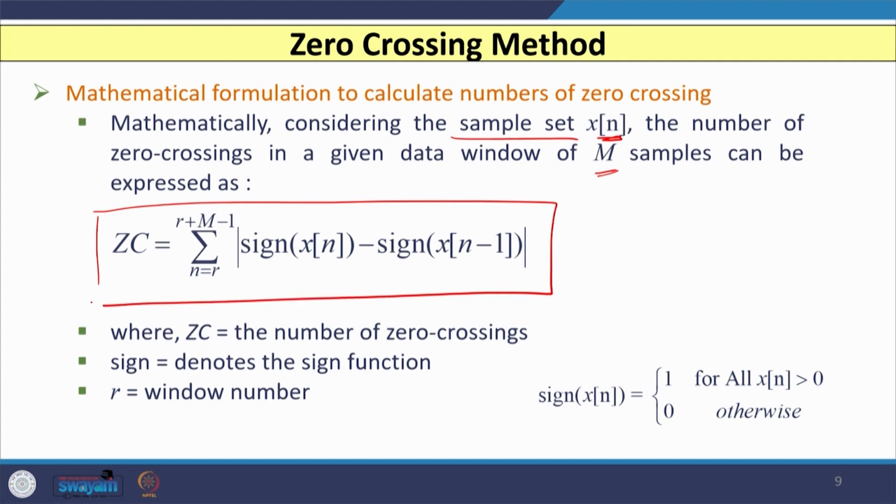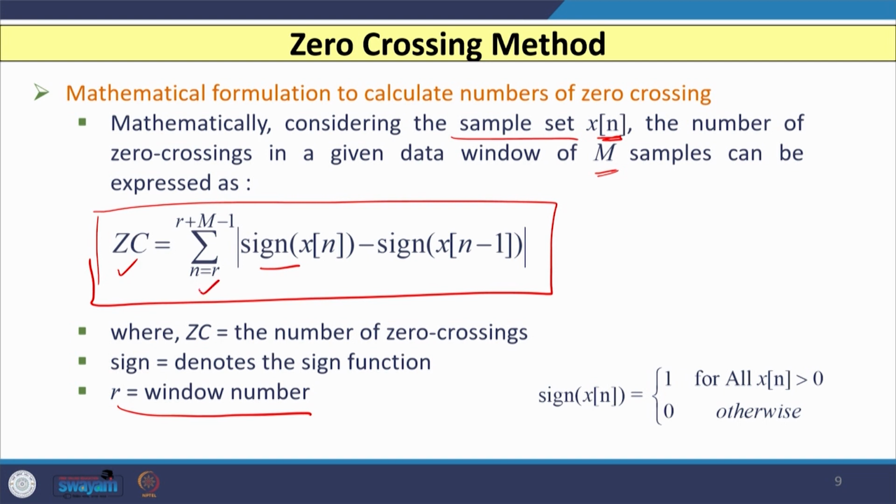In this equation, on the left hand side we have ZC, which is the number of zero crossings available in a particular signal. The sign indicates the sign function, which is going to give you the sign of any sample which you take, and R indicates the window number.